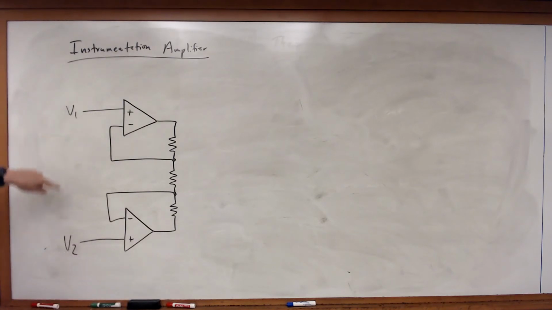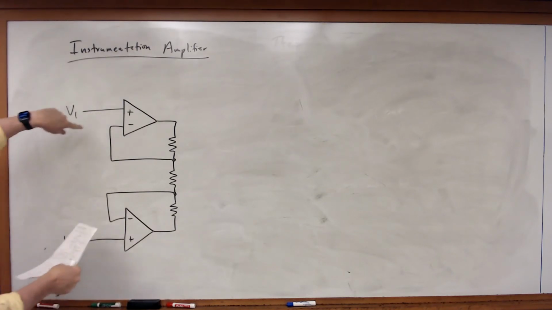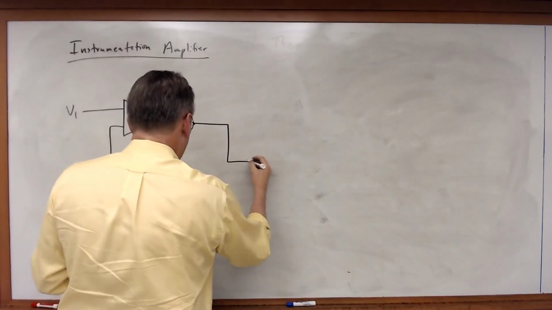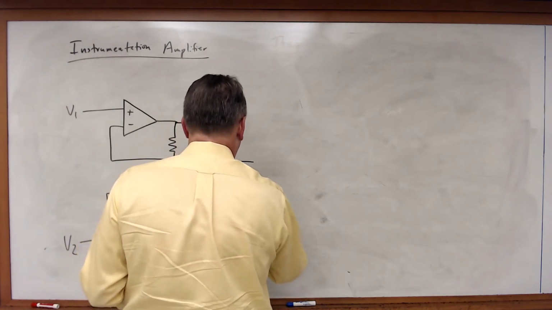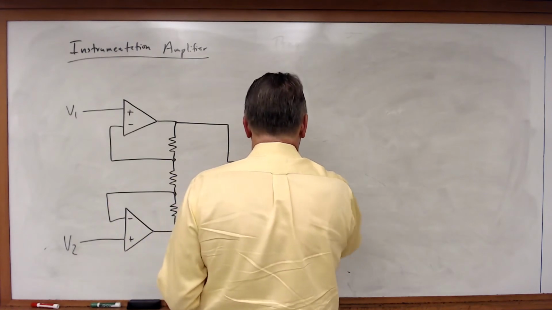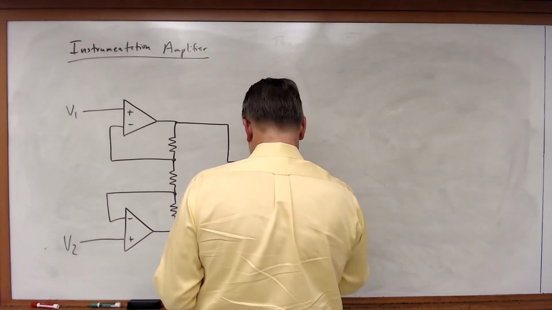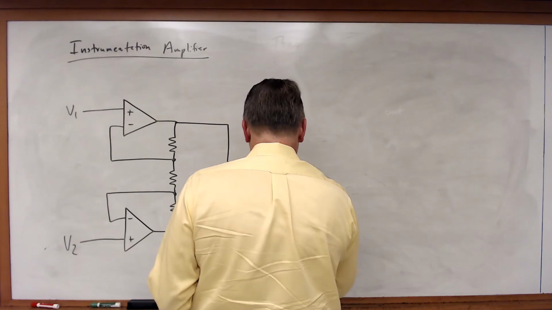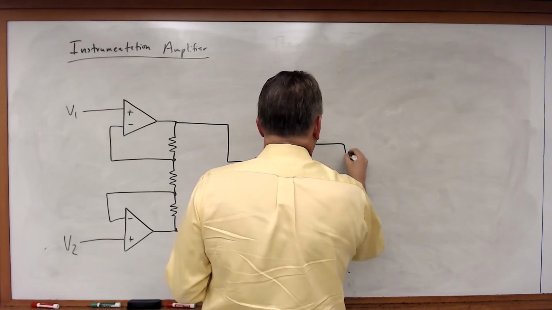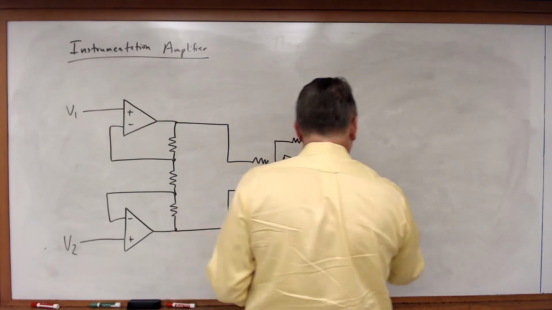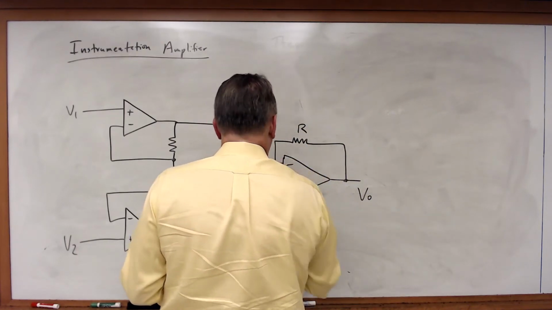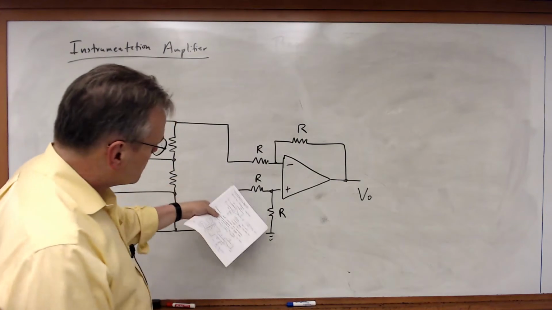Notice in this case my V1 and V2 inputs are now going into two separate op amps. All of these resistors have the same value.